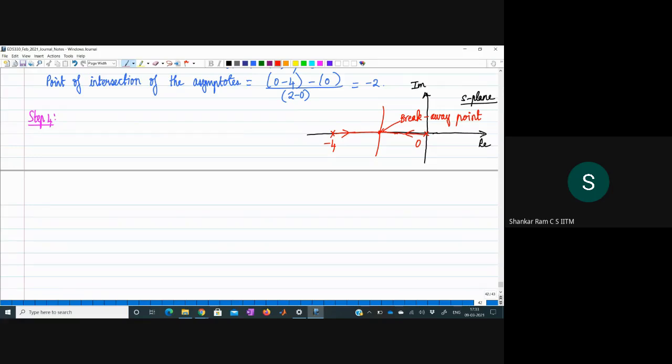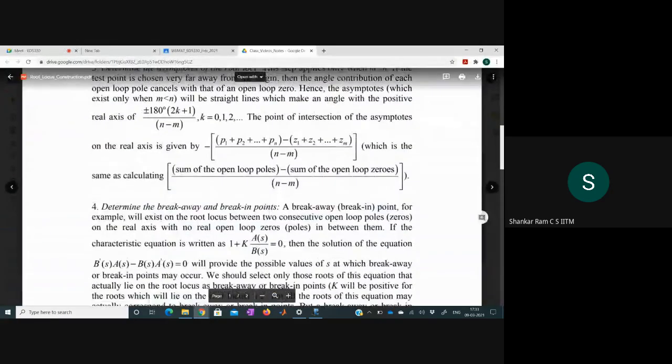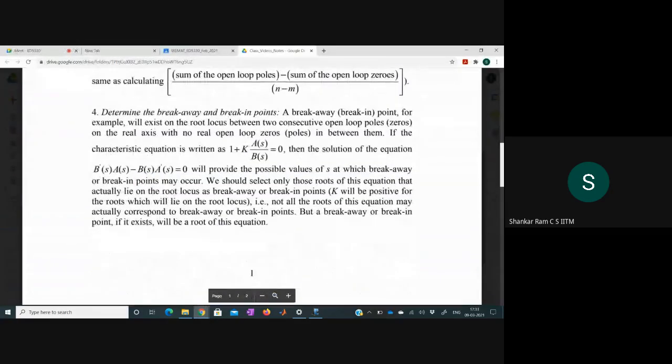In this regard, we are going to use some results from complex algebra. But before that, let's read step 4. The same analysis or step applies to what are called break-in points. So what is a break-in point? We can have two branches coming from the complex plane, hitting a common point on the real axis and going to real open loop poles.